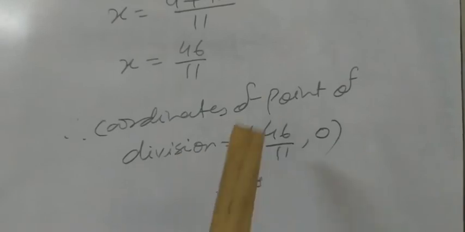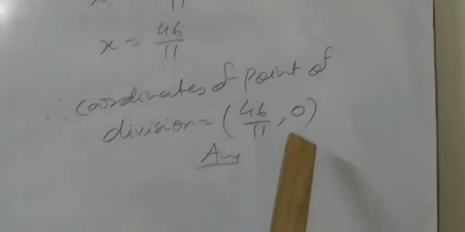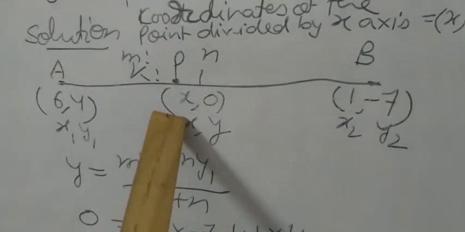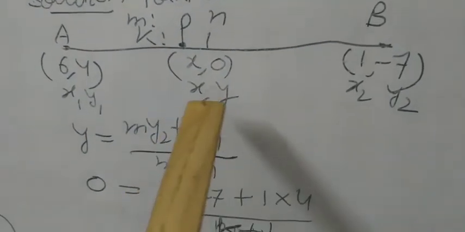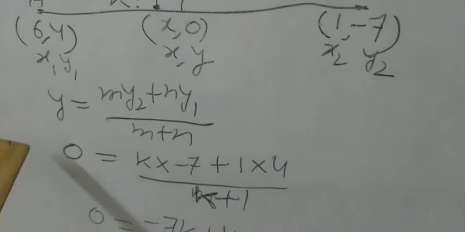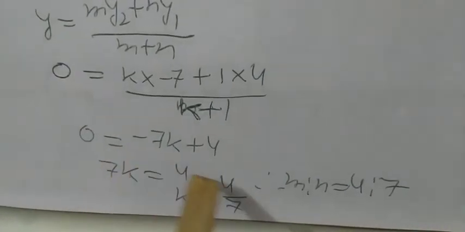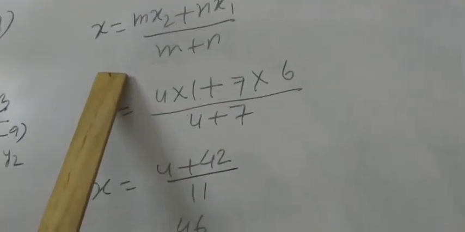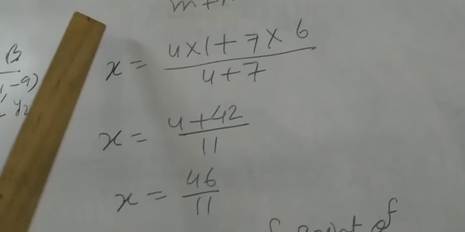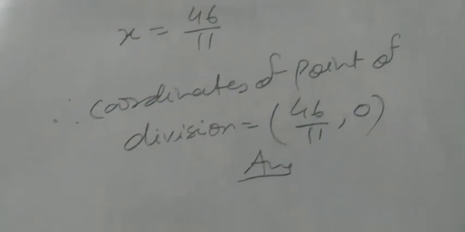So coordinate of point of division 46 upon 11, 0, because we need x value and we have got x value. So students, by the help of y value we have calculated ratio m is to n, and by the help of x formula, after getting ratio, we can find the point of division. Okay students? Okay then.